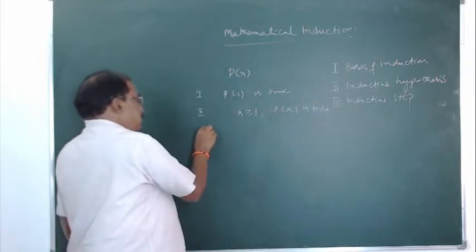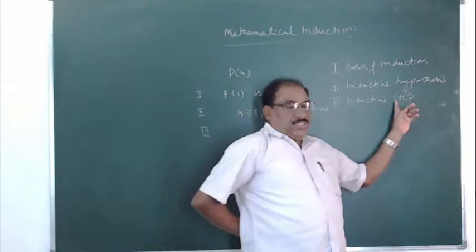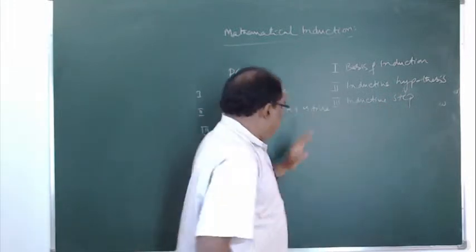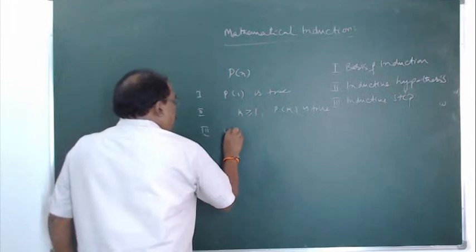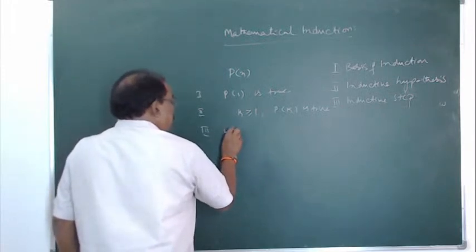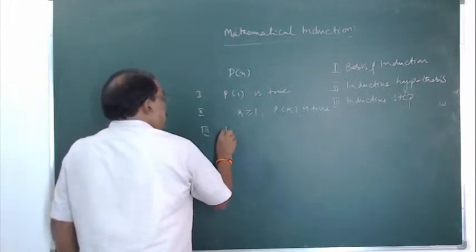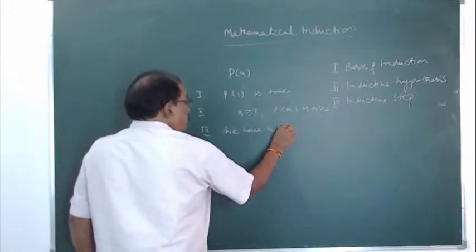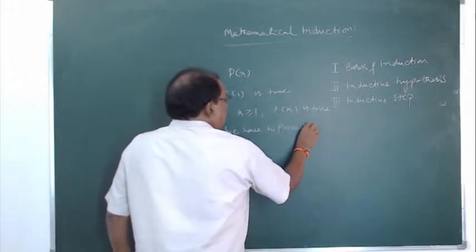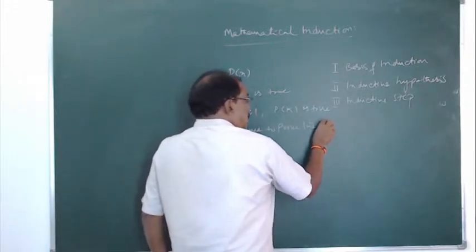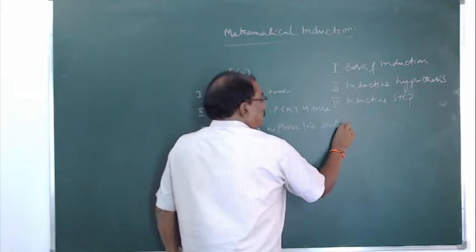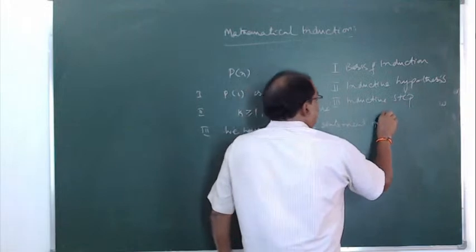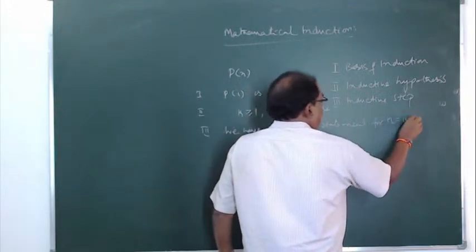And the third step, what is the third step? Inductive step. By the inductive step, we have to prove the statement for n is equal to k plus 1.